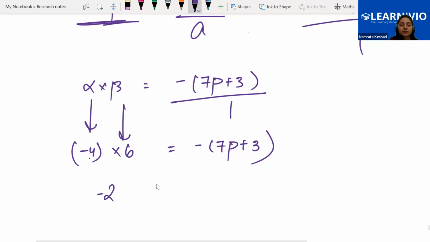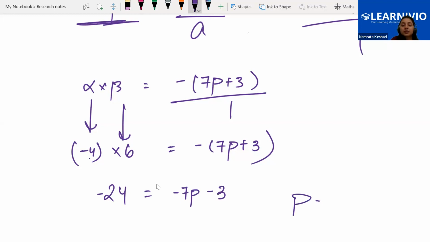Minus 24 is equal to minus of whatever we are having. If you want to open the bracket, be careful, it will be minus 7p minus 3. This minus 3 you can shift to the other side. Now find the p value and let me know, is it coming 3? Yes, it will come 3.